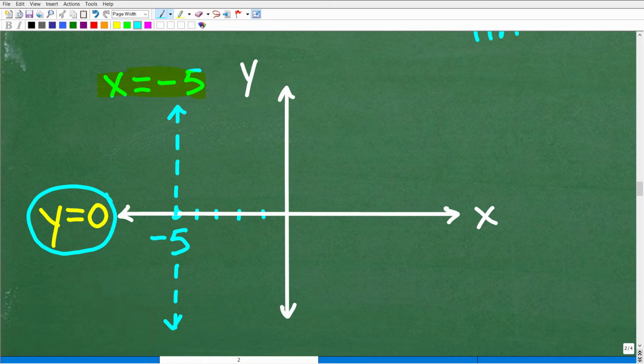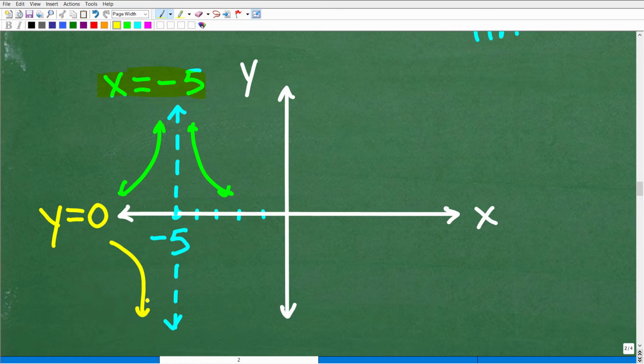So at this point, you're saying to yourself, okay, these are the boundary lines. We're not going to have this graph cross through like this. It's not going to cross through this way because these are boundary lines. But what you don't know is, does the graph behave this way? There's going to be some branches, right? Does it behave like this, or maybe it goes like so? We just don't know that yet, okay?